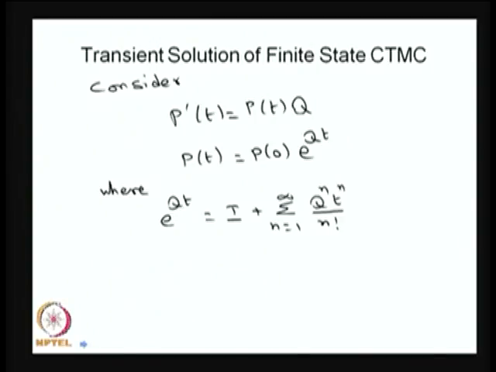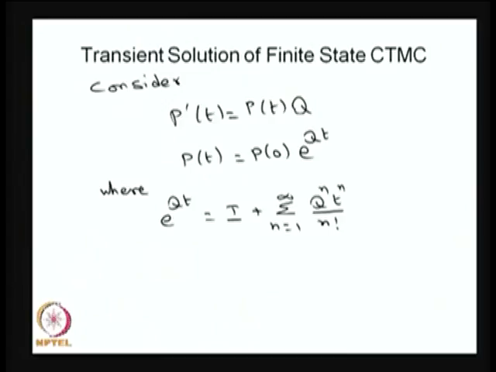Therefore, I am writing e power Qt, where Q is the matrix and t is a real value, greater than or equal to 0. Therefore, e power Qt is going to be the I matrix, the identity matrix of order equal to the state space size, plus the summation n equal to 1 to infinity of Q power n times t power n divided by n factorial.